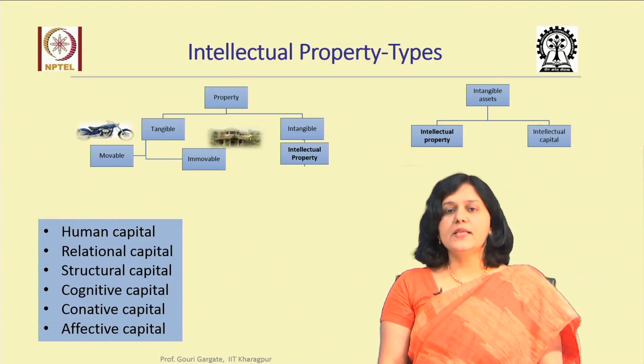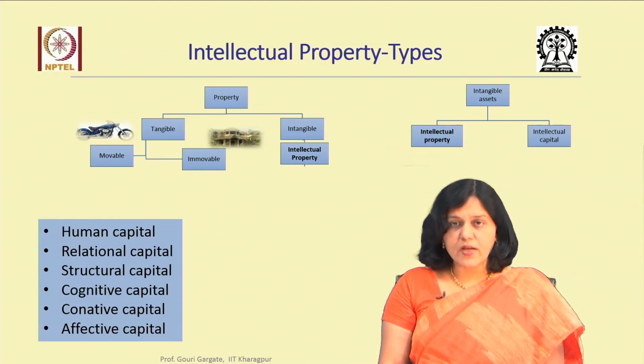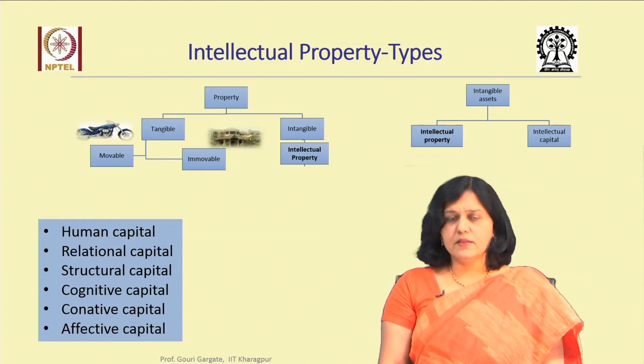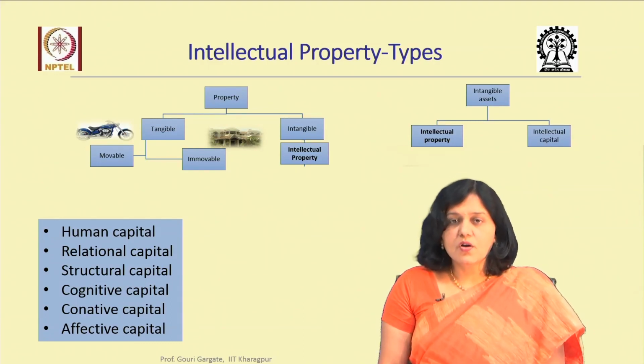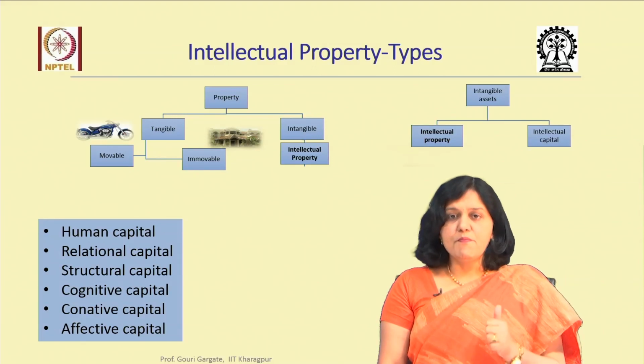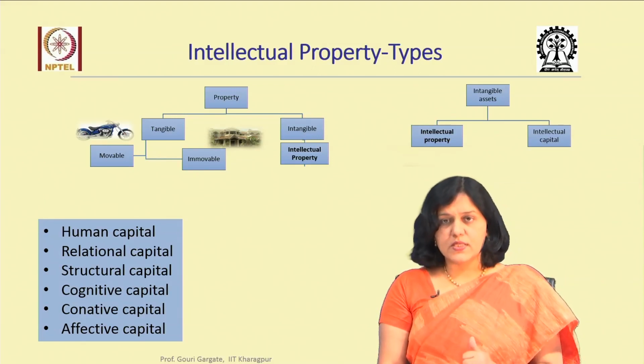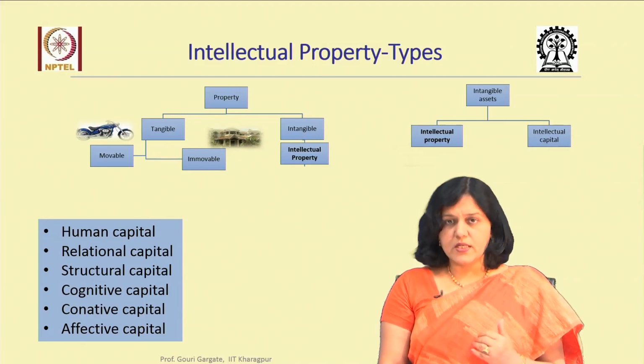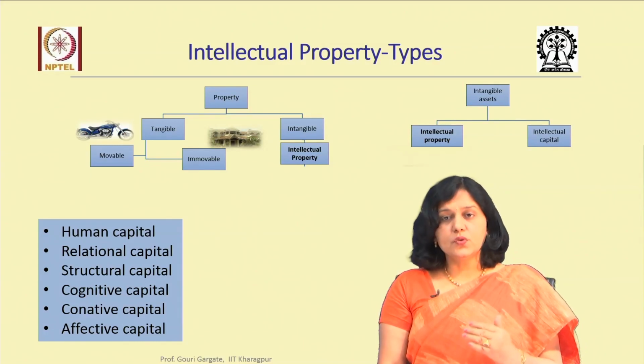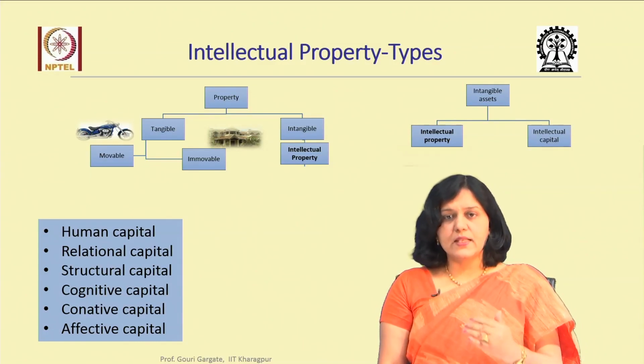Now, the next important is cognitive capital. Do not get bothered by terminologies, just try to understand the concept. Cognitive capital is the mental action or process of acquiring knowledge and understanding through thought, experience and the senses.